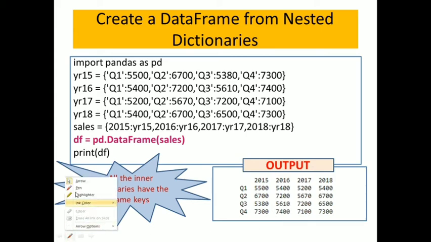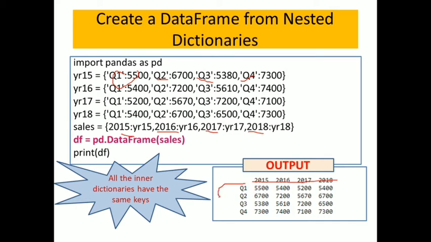If you see, all the outer keys, meaning 2015, 2016, 2017 and 2018, take the place of the columns here. So these are the columns, 2015, 16, 17 and 18. And all the inner keys, which are Q1, Q2, Q3 and Q4, are taken as the row labels here.